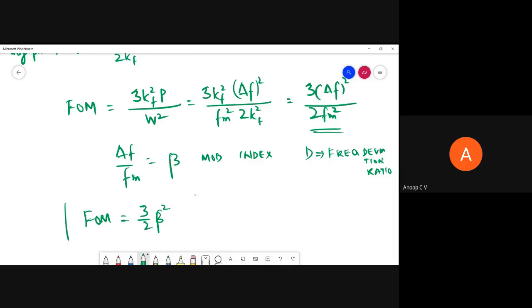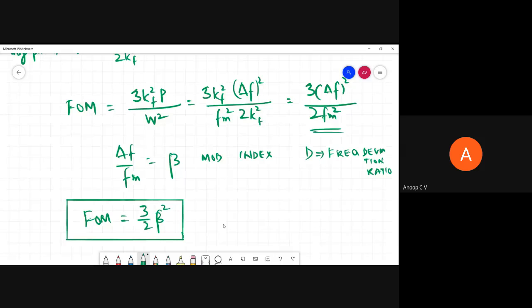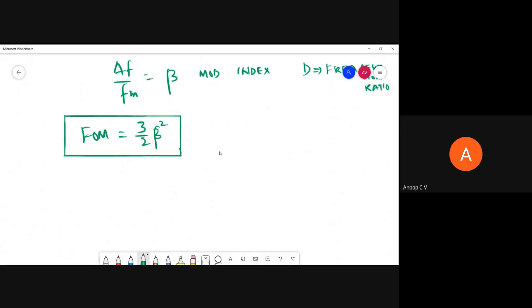So it will be 3 by 2 beta square. This is our final result. If they have given numerical values for delta f and fm, easily we can find the figure of merit.